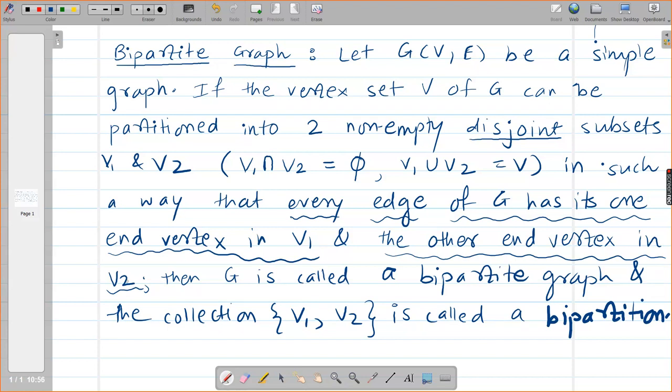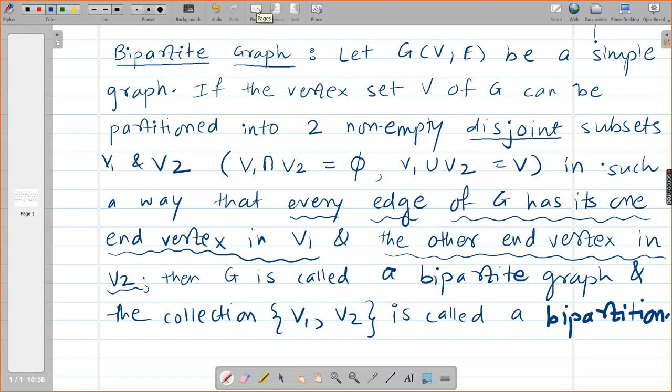If you get a bipartition V1, V2 such that their union is V, intersection is phi, and every edge has one end vertex in V1 and the other end vertex in V2, then it is a bipartite graph. Okay. Finished writing the definition?